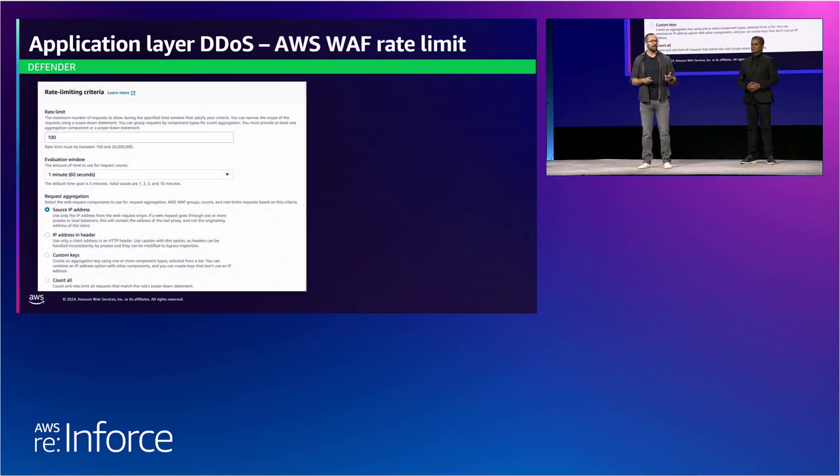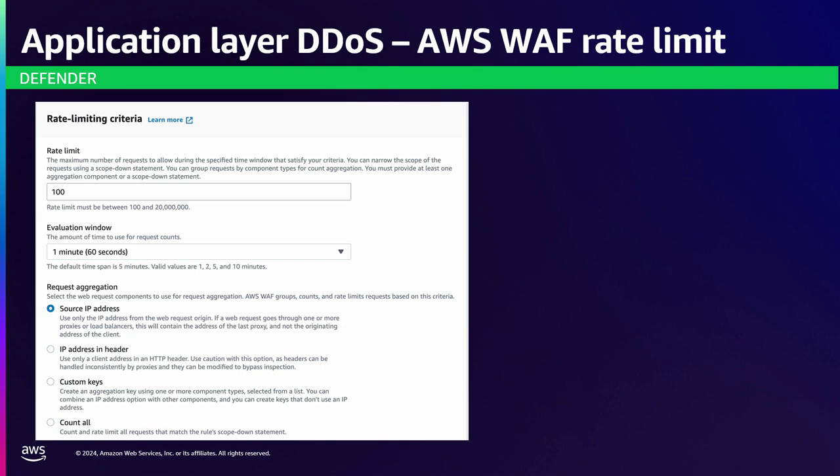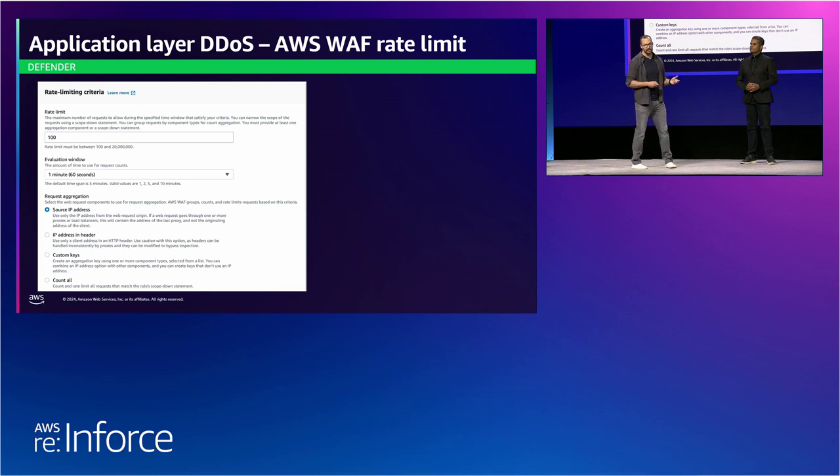So the first rule we can configure is a rate limiting configuration. With this example here, I'm setting up a rate limit, so I'm analyzing the incoming requests. And if I see within a 1 minute period more than 100 requests from the same source IP address, I will want to block that IP address. And I can use other identifying criteria, so maybe information in the header or some custom keys.